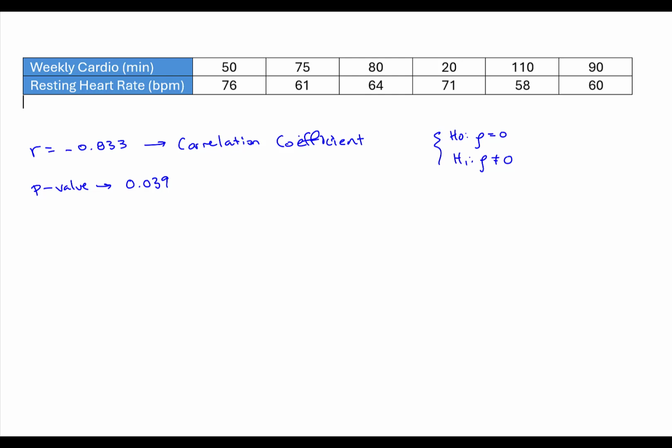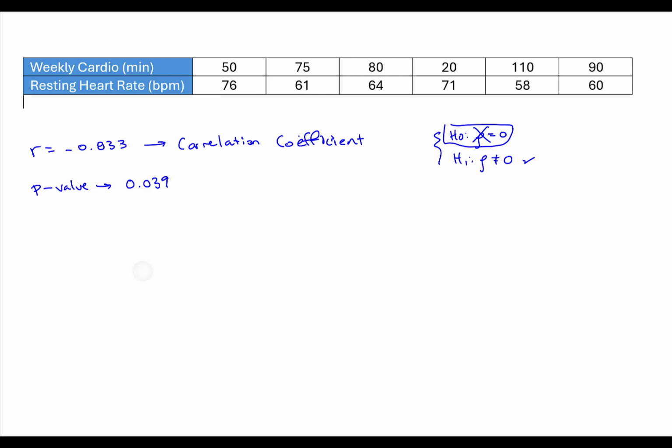So we would compare it to a level of significance. So perhaps if the level of significance of this problem was 5%, we would say that the p is low, so the null must go, meaning that the null hypothesis gets rejected, leaving the alternative to be basically the true statement, meaning in this case that there is a statistically significant relationship between the data.